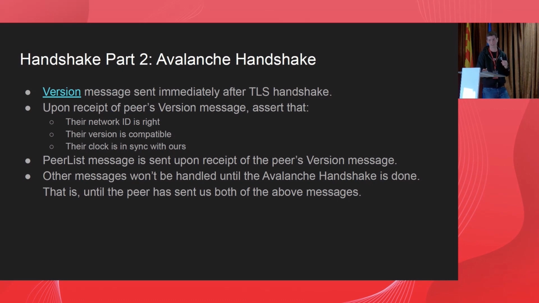So here are some of the things that are in the version message. You include what your network ID is. You give your clock time. You give what you think your own IP address is. And you provide a signature over your clock time and IP address so that information can get passed around.